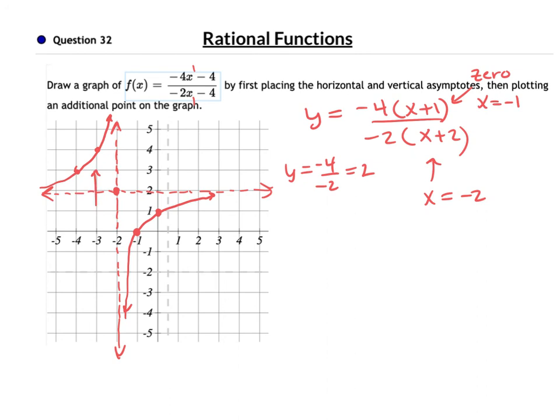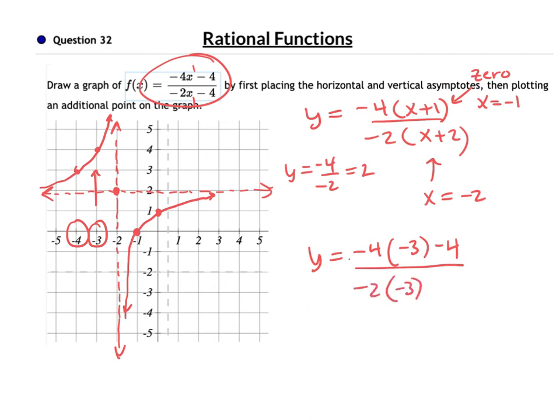If you're not sure what those are, take a look. We can plug in x is negative 3 and x is negative 4 in this function and see what we get. Y equals negative 4 times negative 3 minus 4 over negative 2 times negative 3 minus 4. I'm plugging in x is negative 3.